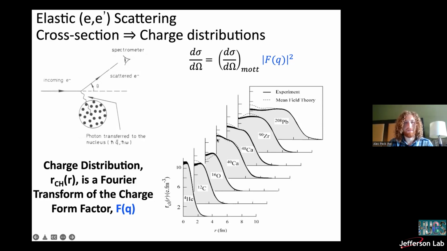So actually the mean field has its own approximation, and we will discuss this mean field later. The difference here is calculated at short distance, and I think at short distance the mean field couldn't describe some of the properties of the nuclei.